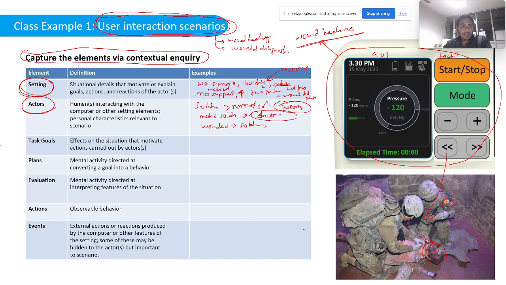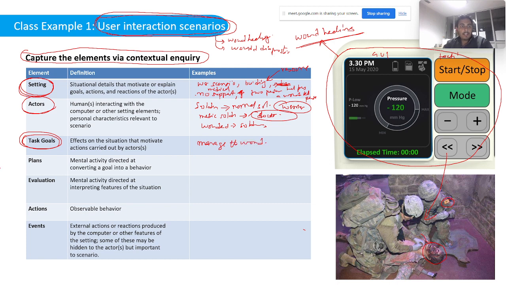Now, the task goal. What is the task? Here a particular person has encountered some explosion, and he is wounded. The goal is to give him some fast relief, and then take care of and manage the wound. So the goal here is to manage the wound.